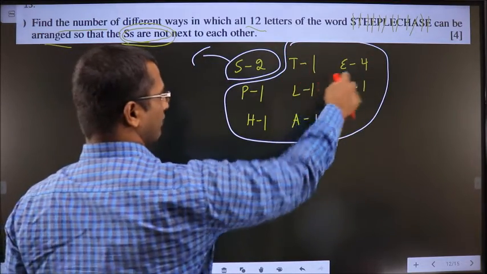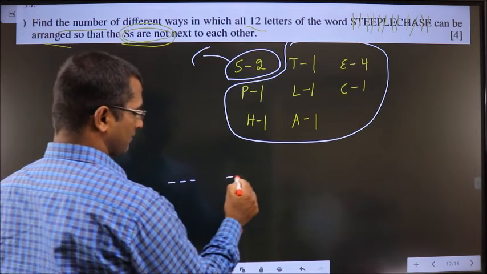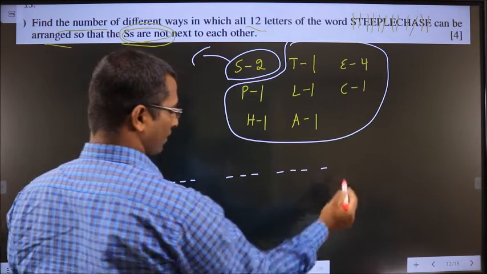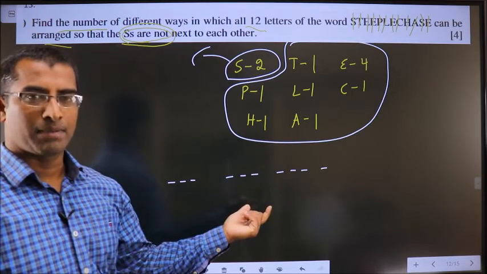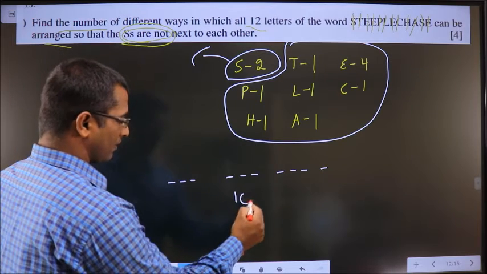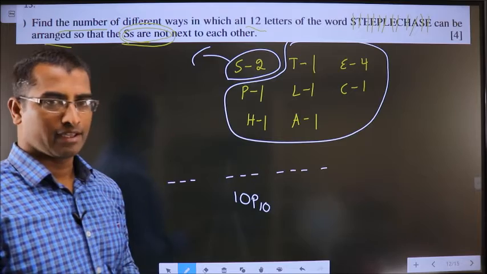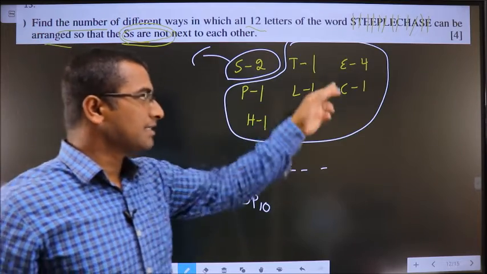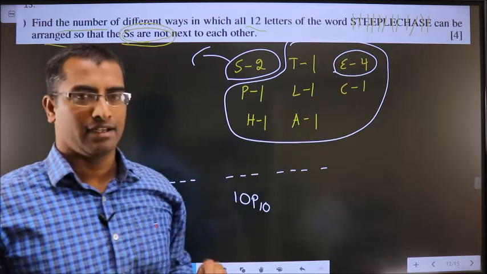So these are 1, 2, 3, up to 10. So put 10 blanks. 10 letters in 10 blanks can be arranged in 10P10 ways.